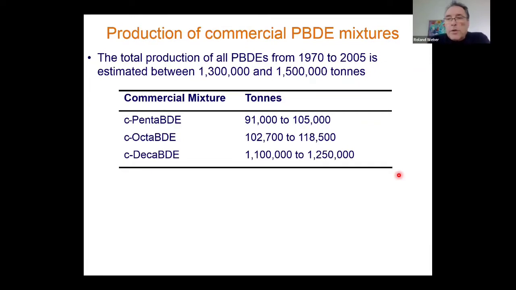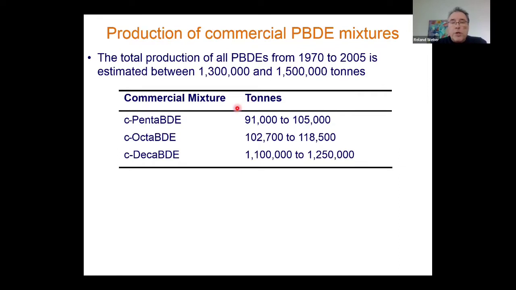It is always good to know the total production volumes of chemicals and when they have been produced. In total, we have production of PBDEs between 1.3 and 1.5 million tons in history, similar to the amount of PCBs.